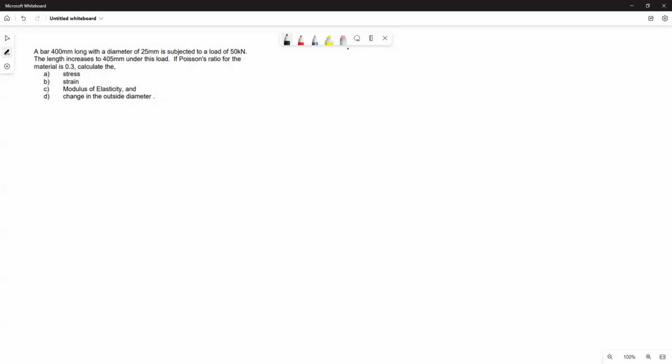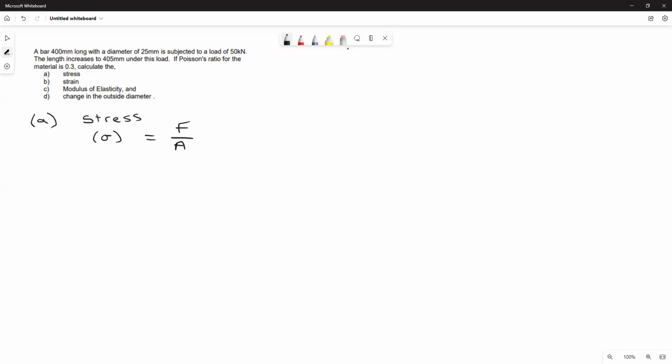So to answer part A, to calculate the stress, we know that stress, which can be sigma, which has got a special symbol, stress equals force over area.